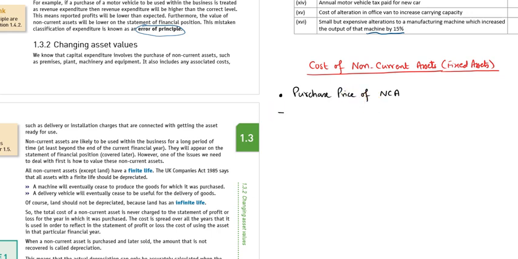We also add up the delivery charges, that is the carriage inward. So we add up this amount in the cost of non-current asset.